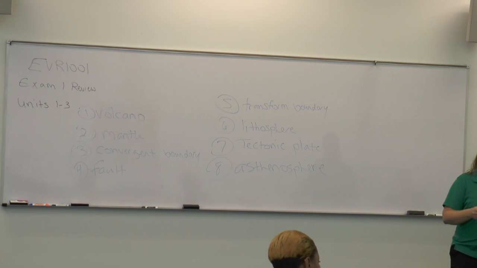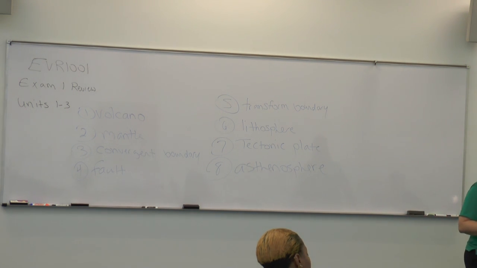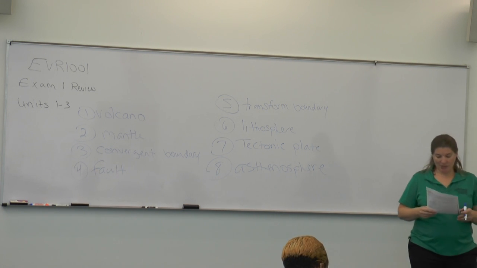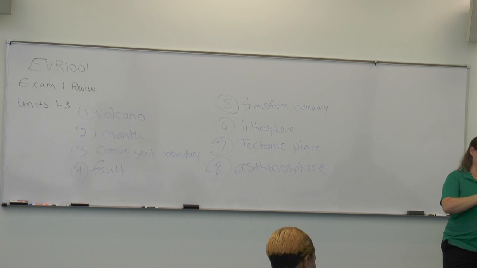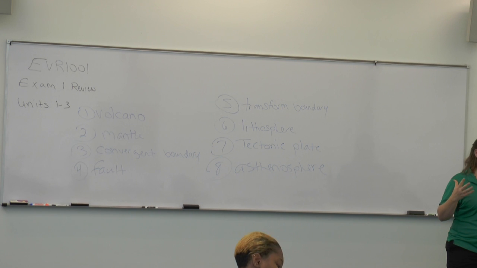There are all these different terms, lithosphere, asthenosphere, and the similarities are so close that it's hard to distinguish. It's true. Some of the words are very close, like even lithosphere and tectonic plate, those definitions are very similar. But a tectonic plate is just a large block of the lithosphere, really, that's moving on the asthenosphere.